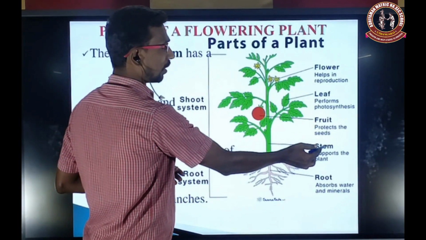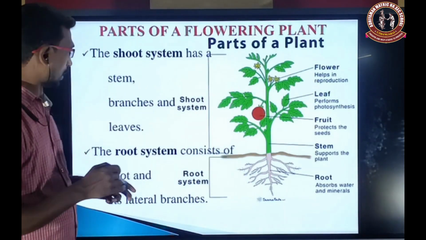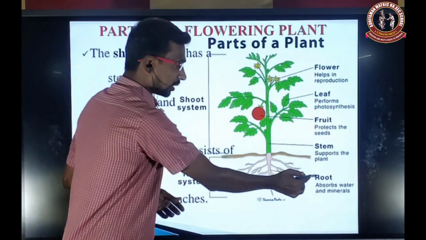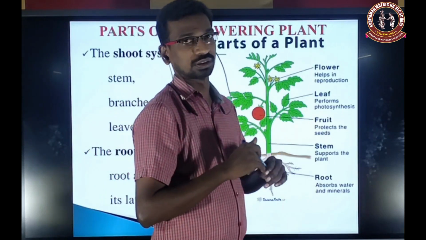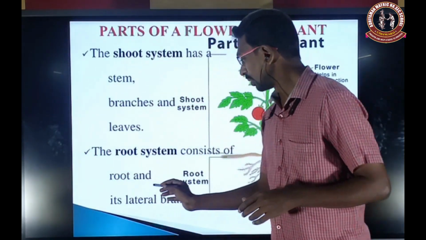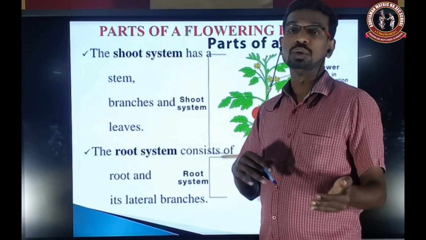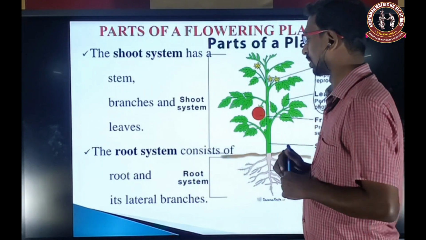It consists of stem, leaf, flower and fruits. The underground region, that is the root system, consists of the root, the lateral branches and the root hairs. That is, a primary root, lateral branches like secondary root and tertiary root, and the root hairs. These are the parts of the root system.